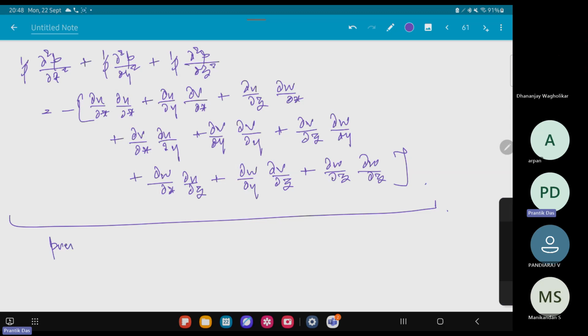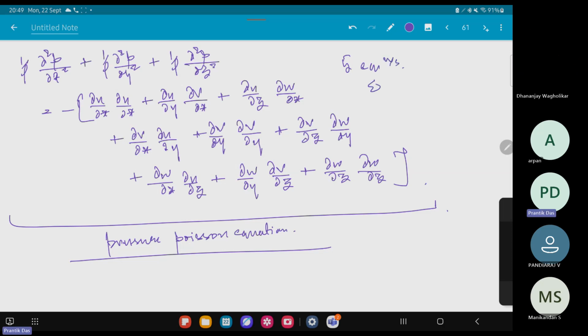This one is basically called the pressure Poisson equation. So there are five equations and five variables, so you can solve.